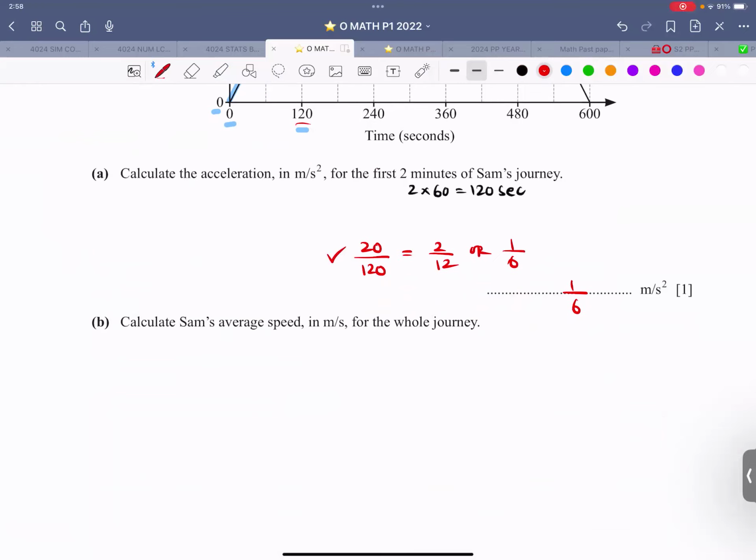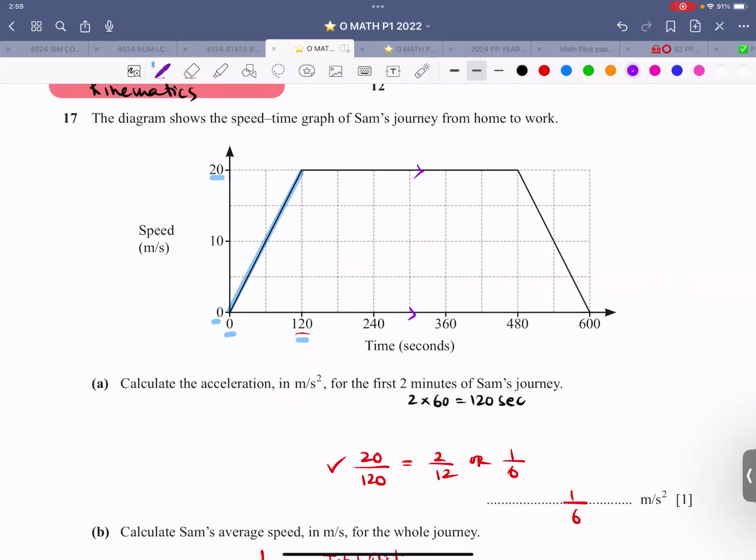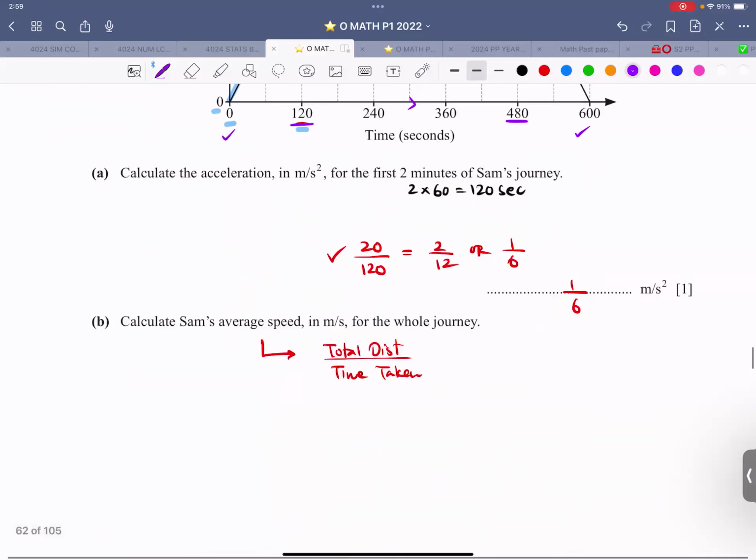Calculate Sam's average speed for the whole journey. The formula for average speed is total distance divided by time taken. Now, the total distance is the area of this trapezium. These two are parallel sides. From here till here, that's 120 till 480, which is 360. And from here till here, that is 600.